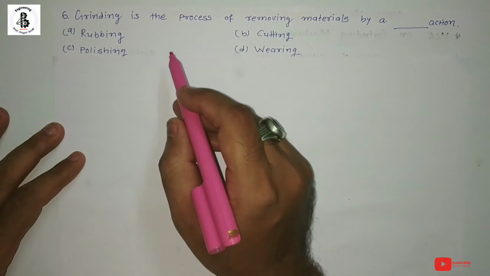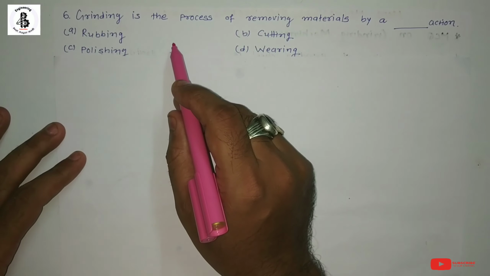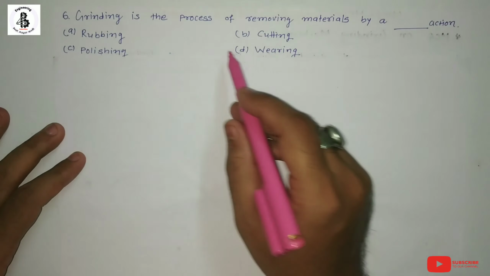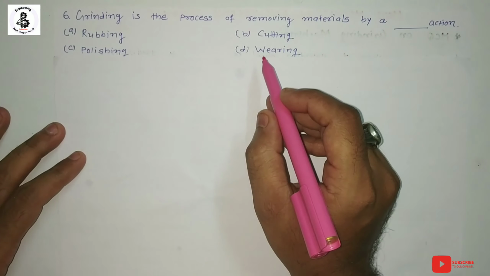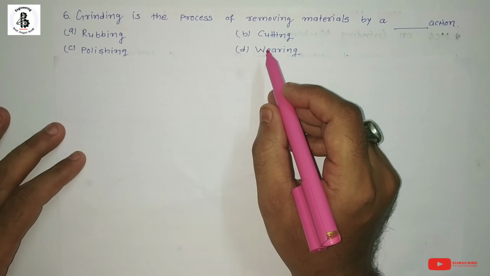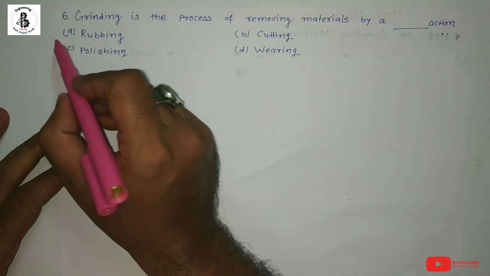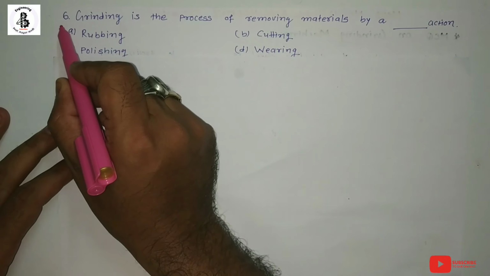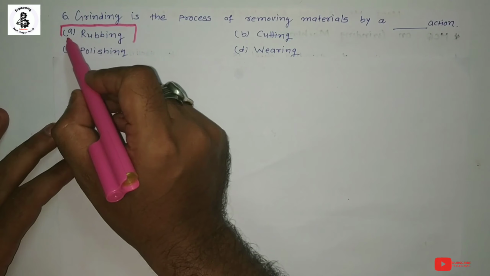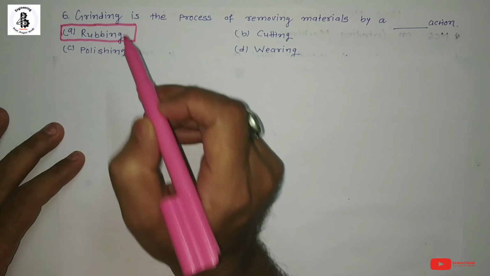Basically grinding is a process like rubbing onto the materials. During that rubbing action, carried out by the grinding wheels, the metal is removed in the form of powder. So the right answer is that grinding is the process of removing materials by a rubbing action.